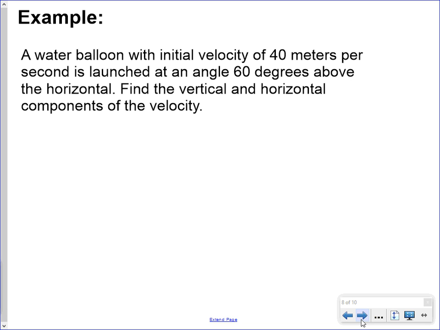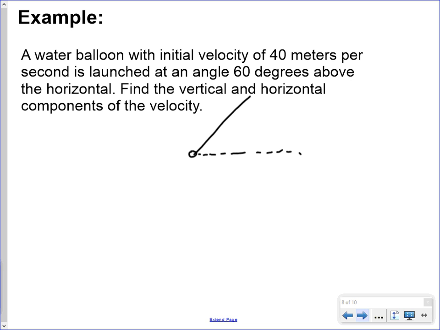And we would like to find the vertical and the horizontal components of the velocity. First thing I would do in most of these is draw a little picture, a little diagram. So I'm going to draw a water balloon, and I'm going to look at it from the horizontal. I know that it's going to be launched at an angle of 60 degrees above that.